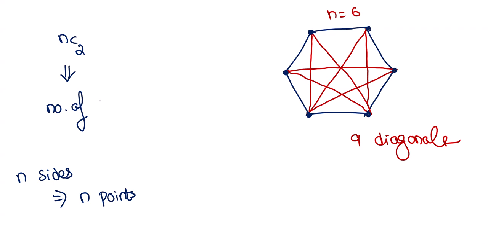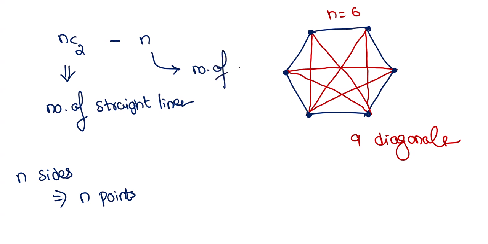When the number of sides is n, automatically n points will be there. From the number of straight lines, minus n means sides should be removed. That straight line can be a side or a diagonal. From that, the number of sides should be removed. That's it. The rest will be diagonals here.